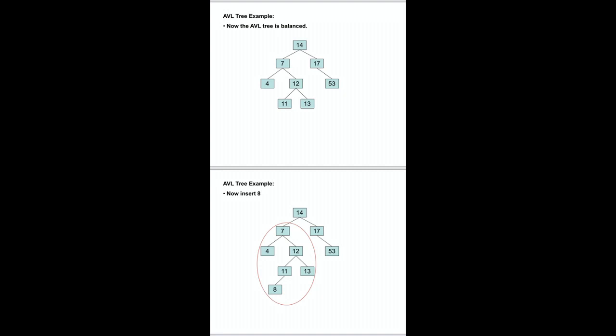In this example, we are inserting 8, which has created an imbalance in 7, so we use right subtree left side, that is right left rotation, to solve it. First we rotate the child on the right side, and then we rotate the unbalanced root node on the left side.